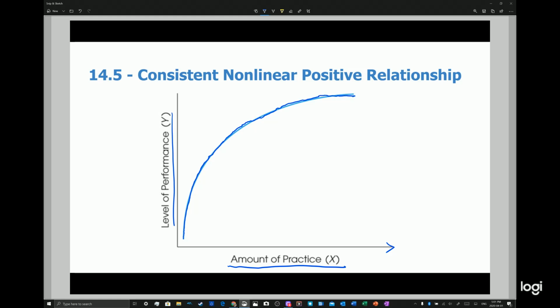In economics, there's a law called the law of diminishing marginal returns, or something like that. So again, here is the curvilinear relationship. Yes, you do get a positive correlation between practice and performance, but as you accumulate more practice, the gains in performance decrease. So it's not a straight line anymore.